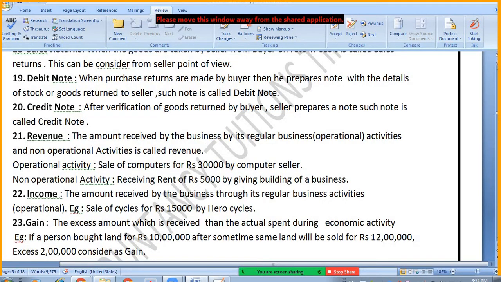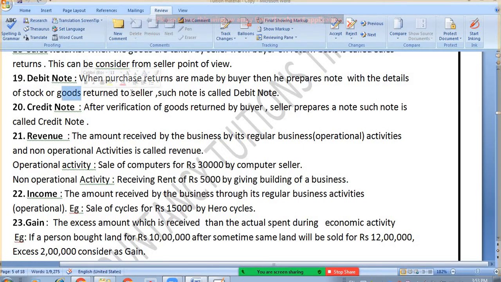Right, next one, debit note. When purchase returns are made by the buyer, he prepares a note with the details of the stock or goods returned to the seller. Such a note is called a debit note.